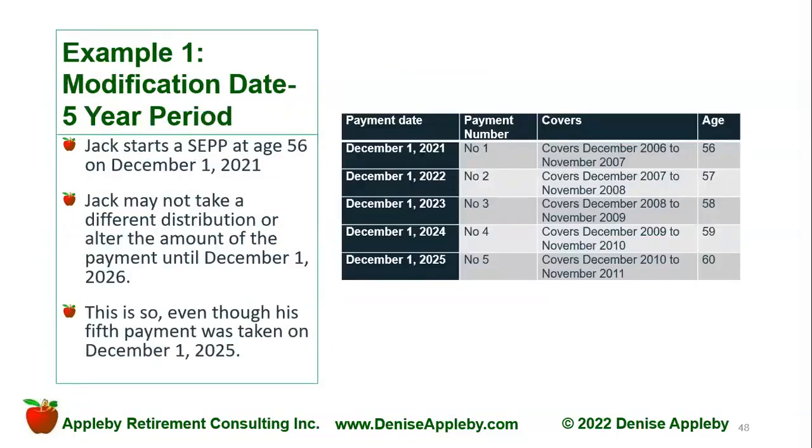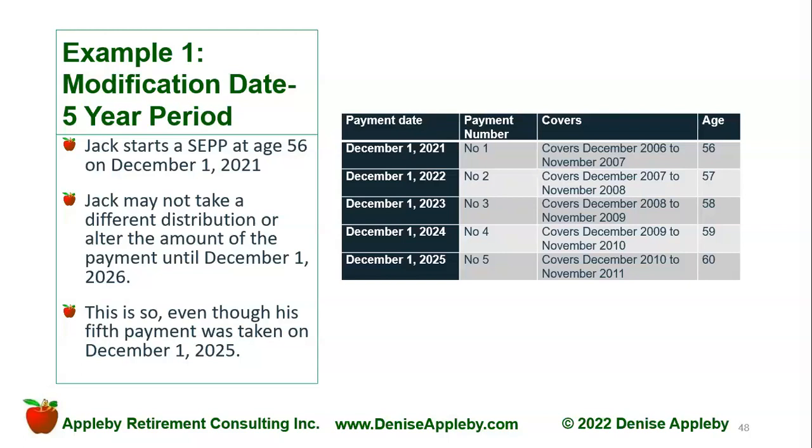Let's take a look at some examples of when the modification date really is. Let's assume that Jack starts a SEPP at age 56 on December 1st, 2021. Jack can only take these 72T payments, no other types of distribution, until December 1st, 2026.